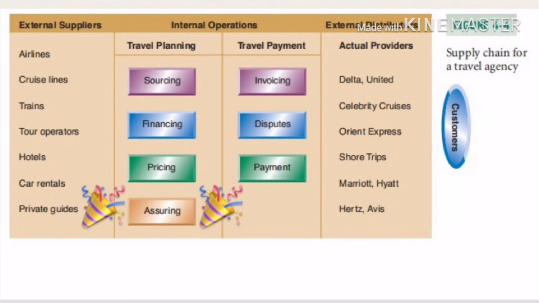The last process of travel enablement, or travel planning, is assuring that any risk is minimized for the customer. This can be done by having integrated supplier performance files. The agency can evaluate past performance by the supplier and determine how to minimize any risk associated with using the supplier, or through travel insurance.